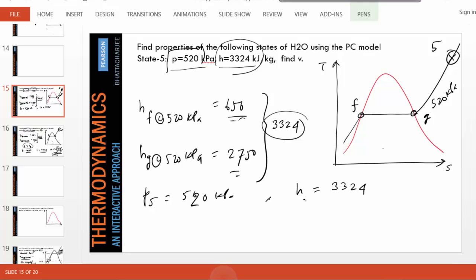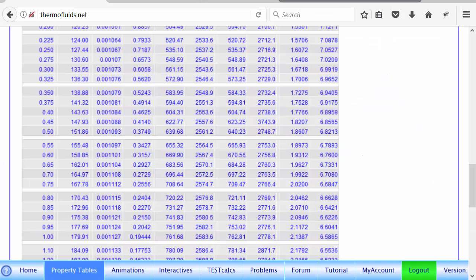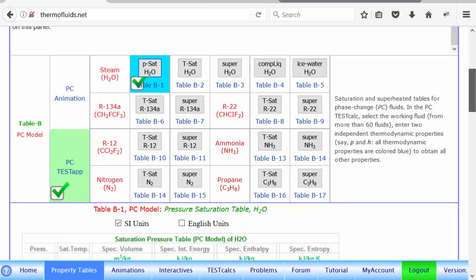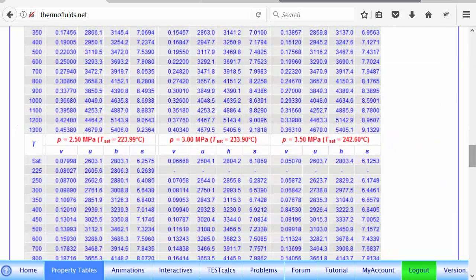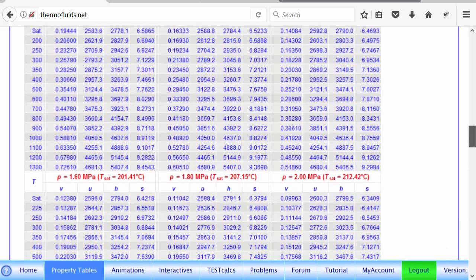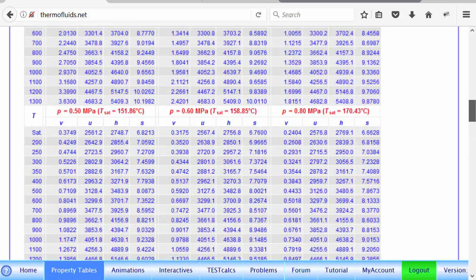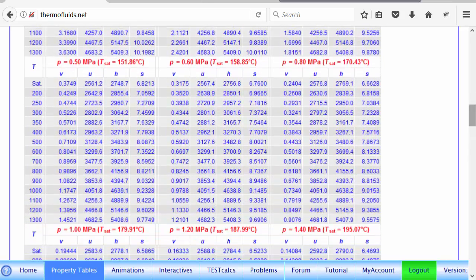And so therefore we can go to the superheated table and figure out what the specific volume is. That's what is wanted in this problem. If we go back, and this time again we launch the superheated table, so we search for 520 kPa in the superheated table, which is between these two tables, and look for an enthalpy of 3324.